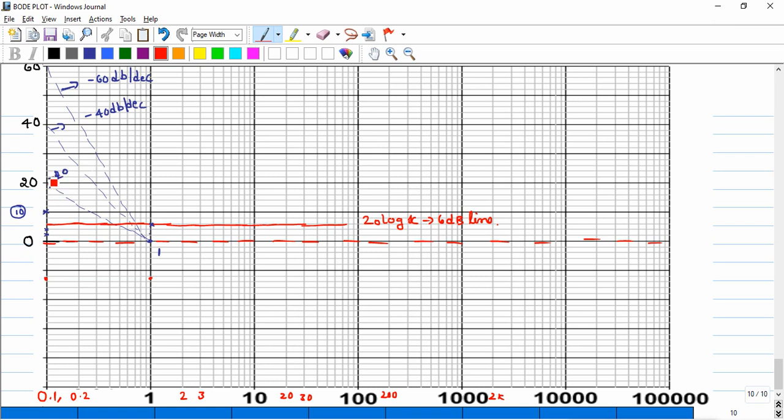You need to place your ruler scale in parallel, and you should move perpendicular to that 20 dB line, and then you need to stop at this particular point and draw the line. Let me show you.